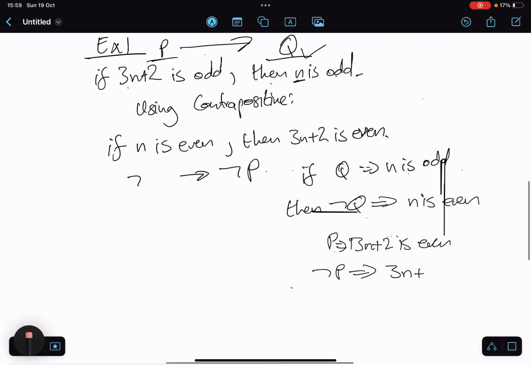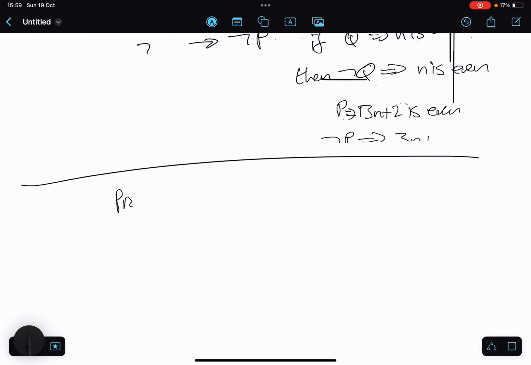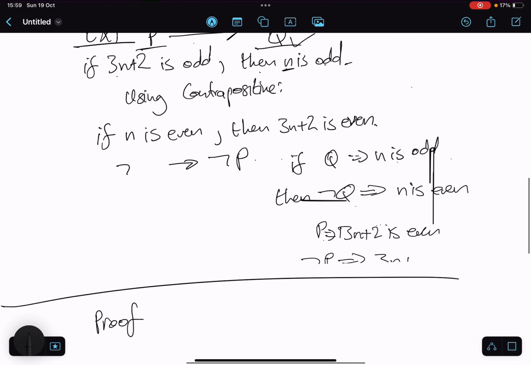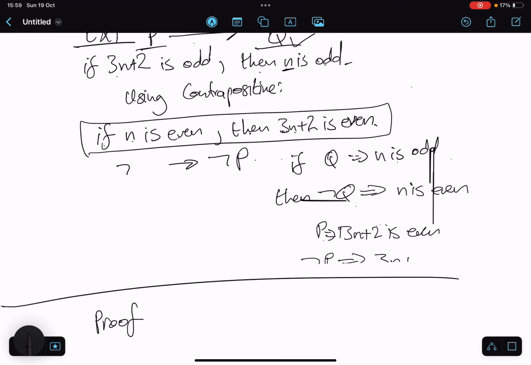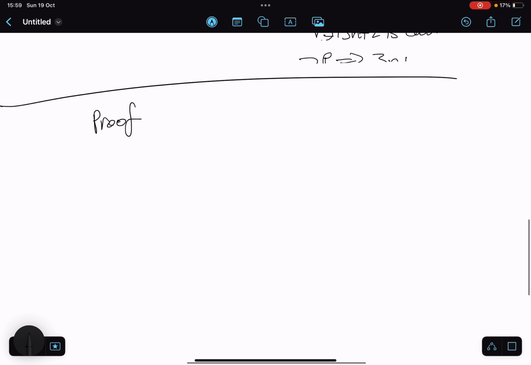My hypothesis will be that I'm going to assume, and now I'm going to prove. I've written my contrapositive statement that if n is even, then 3n plus 2 is even. If I can prove this statement, I have automatically proven the original statement. That's how the contrapositive works.